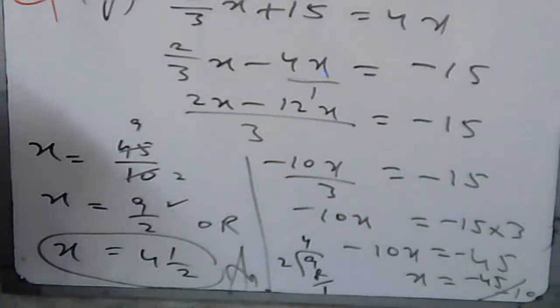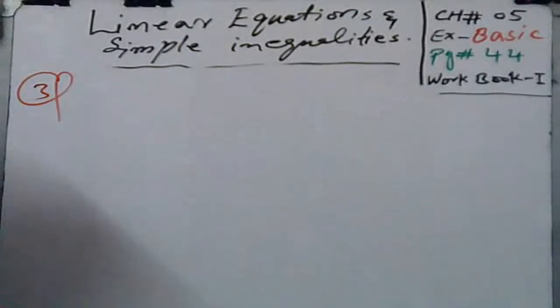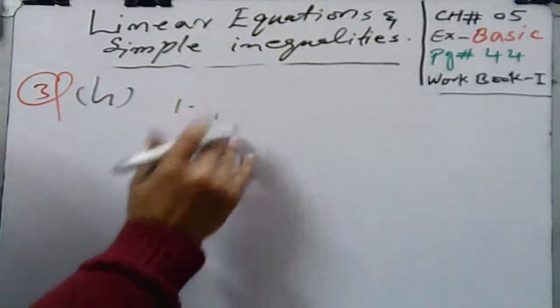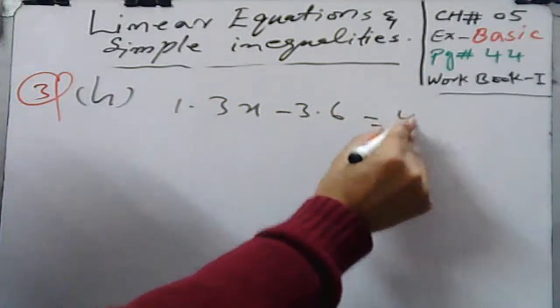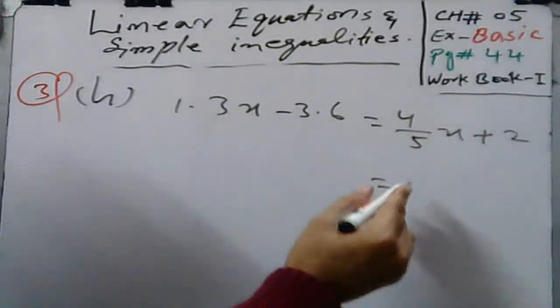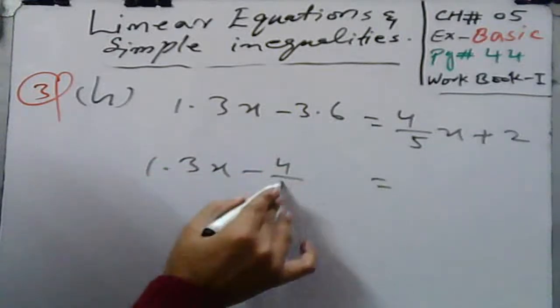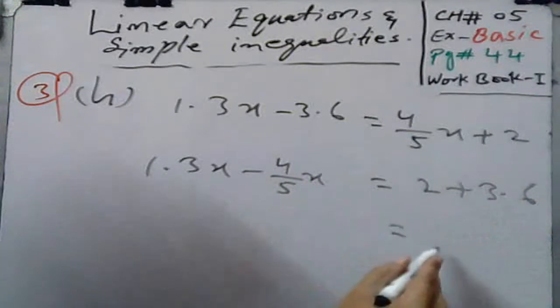Now in part H, 1.3x minus 3.6 is equal to 4 by 5x plus 2. Shift the constant value to one side and the variable to the other side, you will get 2 plus 3.6, that is 5.6.